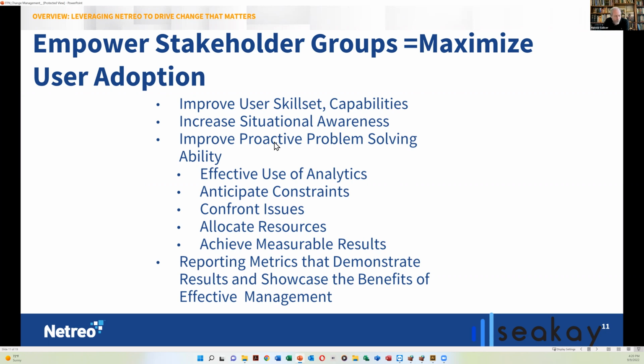And again, we hope that the dashboards will help them with this objective of being more proactive problem solvers, using the analytics gleaned from Netreo to create solutions and anticipate issues. And also, I think this is something that management was really pushing.